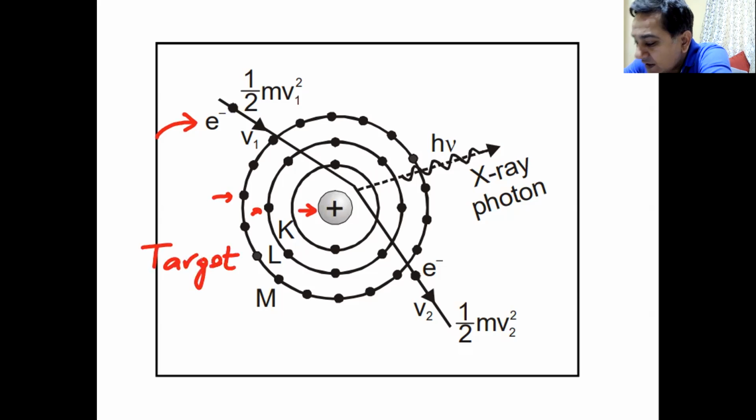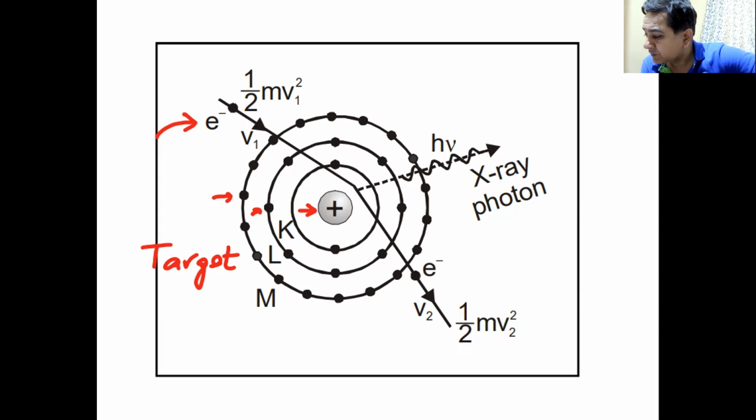So it has a K shell, L shell, M shell. It's an atom with high atomic mass and atomic number, so it has a larger number of electrons. Now if this electron, which has more energy, is passing, it will be attracted towards the nucleus. You understand this, no? Yes, sir. So it will lose some amount of its energy.